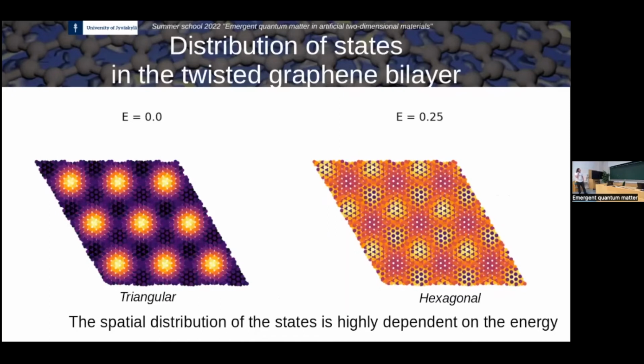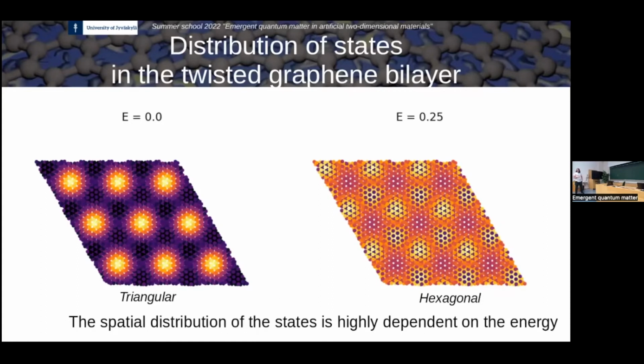And of course, something very interesting is that these minibands have moire states that are localized somewhere in the moire unit. In particular, if you think about the flat bands that appear at the lowest energy in bilayer graphene, they form an emergent triangular superlattice, as you expect from a moire system in a hexagonal system.